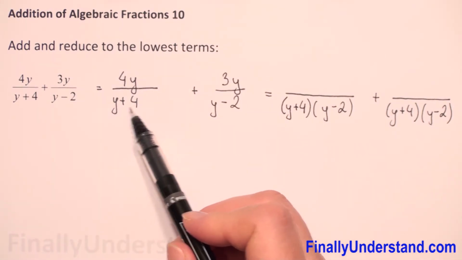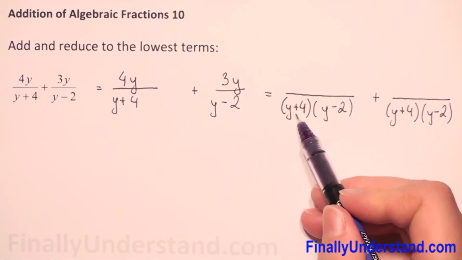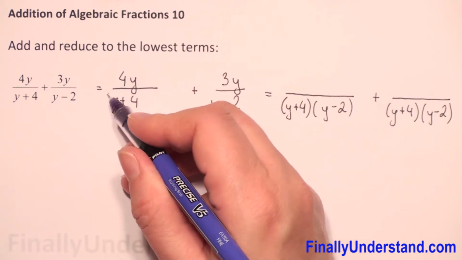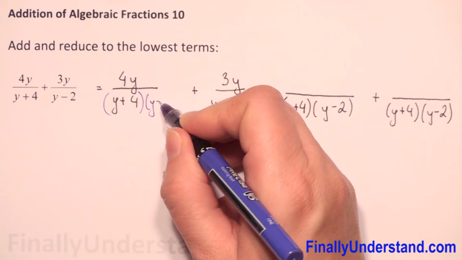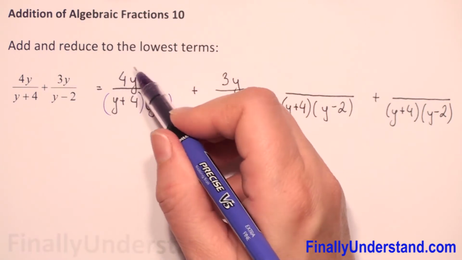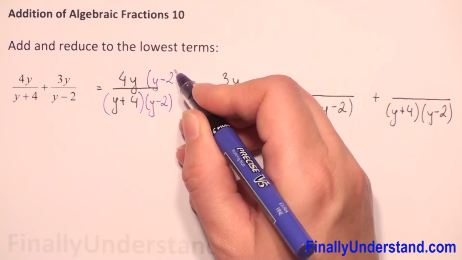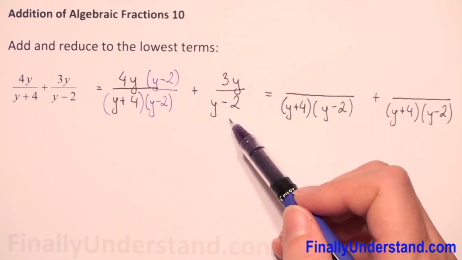At the beginning I have only y plus 4 in the denominator. Now I have y plus 4 times y minus 2. So if I multiply this denominator by y minus 2, I have to multiply the numerator by the same term, y minus 2.